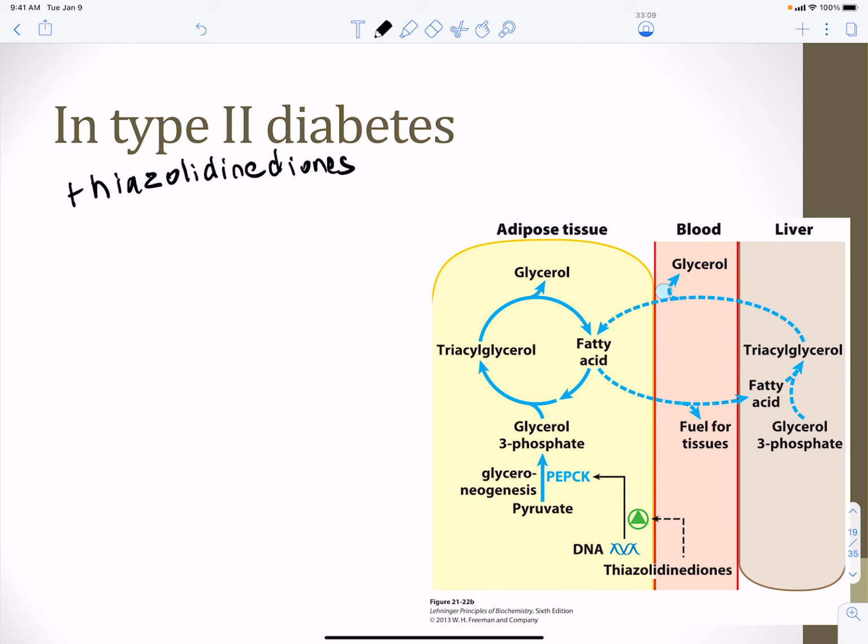And these drugs are going to bind to a receptor on adipose tissue, and it's called the peroxisome proliferator-activated receptor gamma.